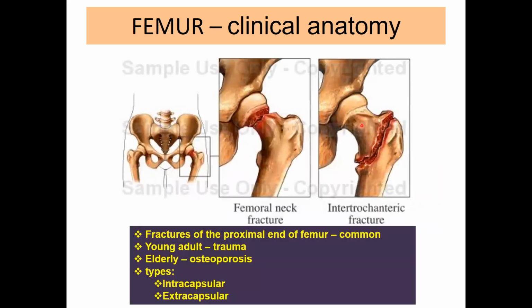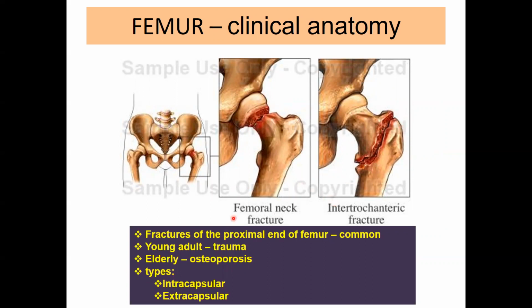Okay, some clinical anatomy about the femur. This is the head of femur and this is neck. The fractures of the proximal end of femur are common. It can happen in young adults, especially due to trauma, and in the elderly, in osteoporosis cases. It can be intracapsular, and also extracapsular.